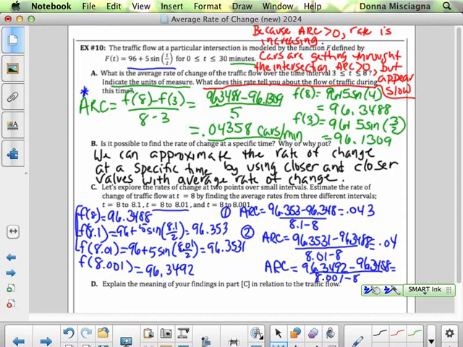All right, let's try it again. 96 plus 5 sine. All right, so 8.001 divided by 2 is 4.0005. Yeah, when I plugged that in, I got 92.214 for that number. That doesn't make any sense.